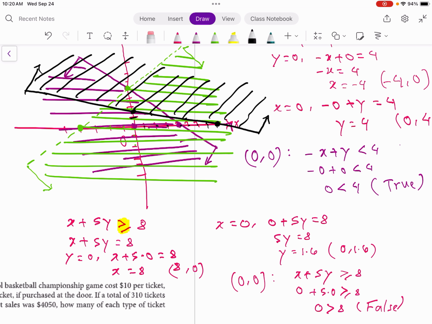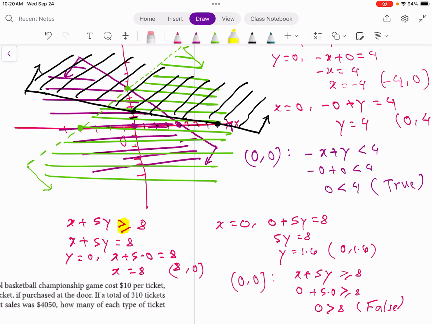Our target is finding the solution of all these three inequalities. Now, do you see that common region, common solution here? Now, let's find that common solution. And that common region is the solution for this system of inequalities.